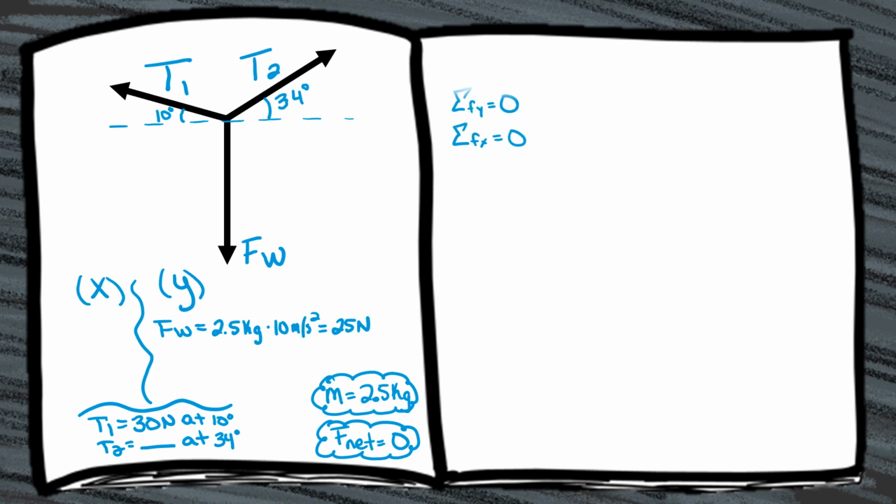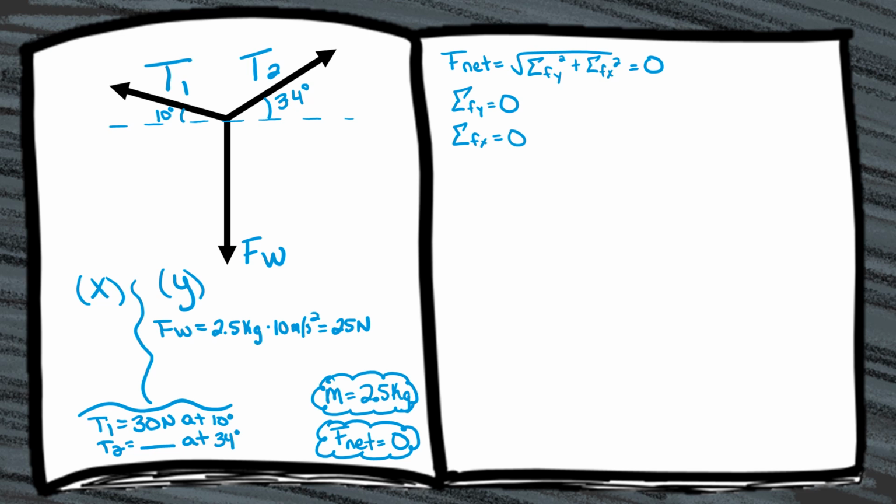Thus, we can illustrate this with the following equations, in which the net force equals the square root of the sum of the y forces squared plus the sum of the x forces squared. Now, we also know that the sum of the y forces equals all of the forces on the y-axis.